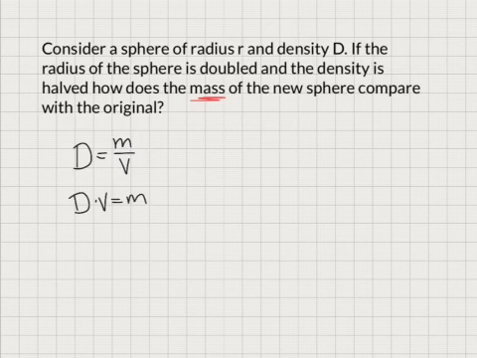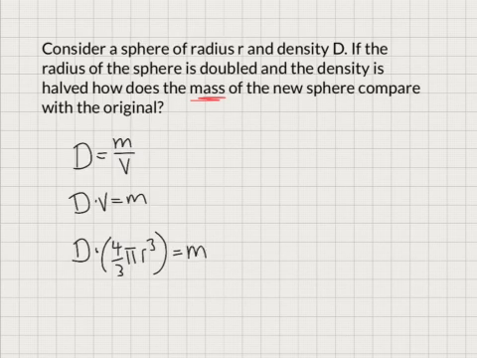The volume of a sphere is 4/3 pi radius cubed. All I've done here is substitute in for v the volume of a sphere, and of course this is equal to the mass.